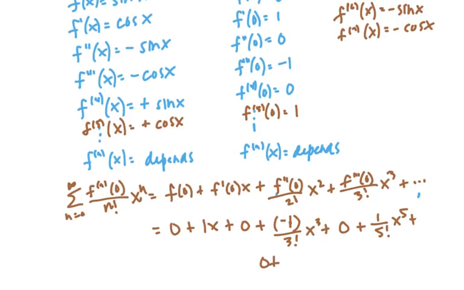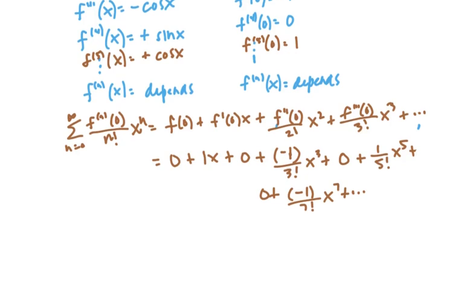And then the seventh term would be negative 1 over 7 factorial x to the seventh. I think we have enough for a pattern, definitely this time. So this means I have x minus 1 over 3 factorial x to the third plus 1 over 5 factorial x to the fifth minus 1 over 7 factorial x to the seventh.